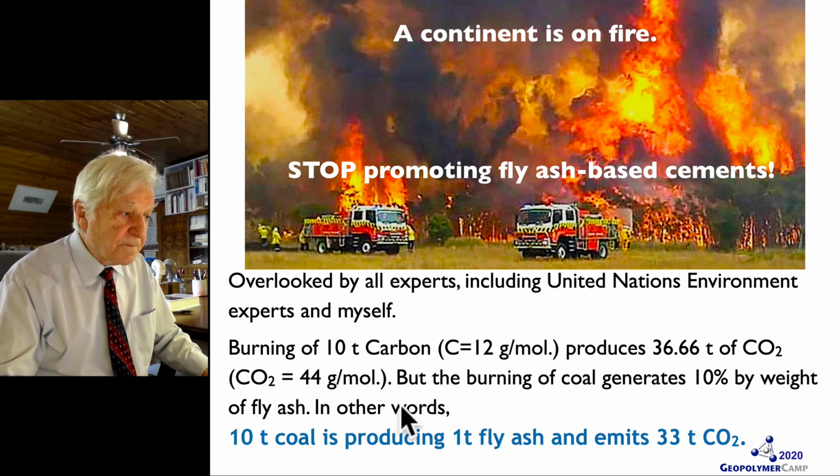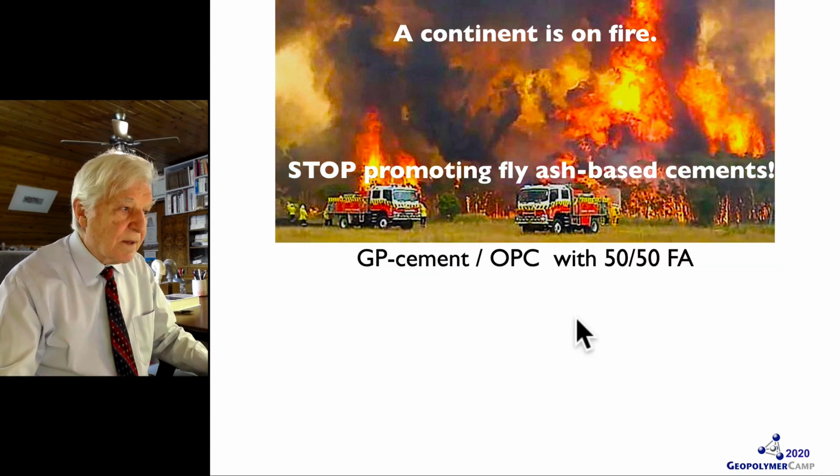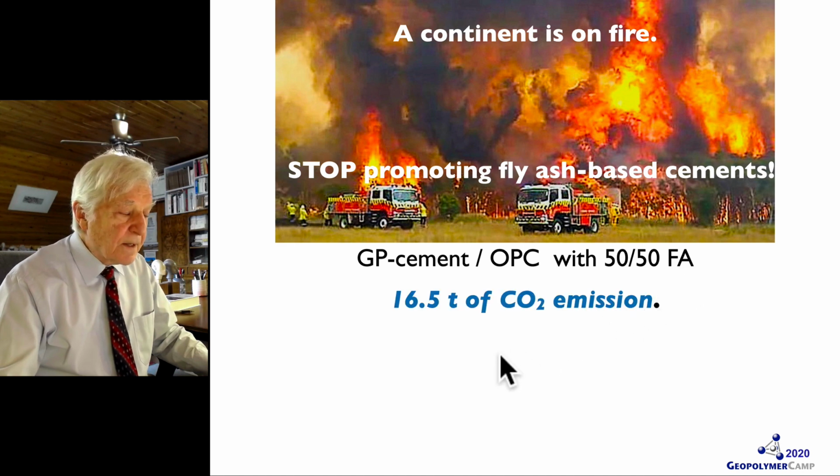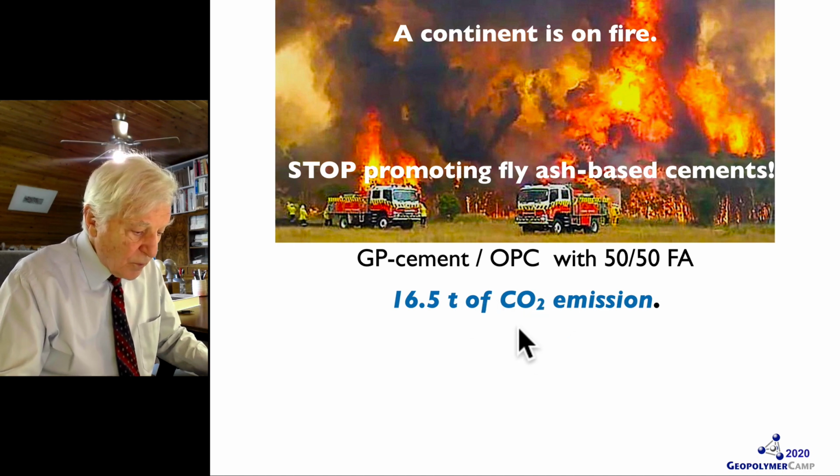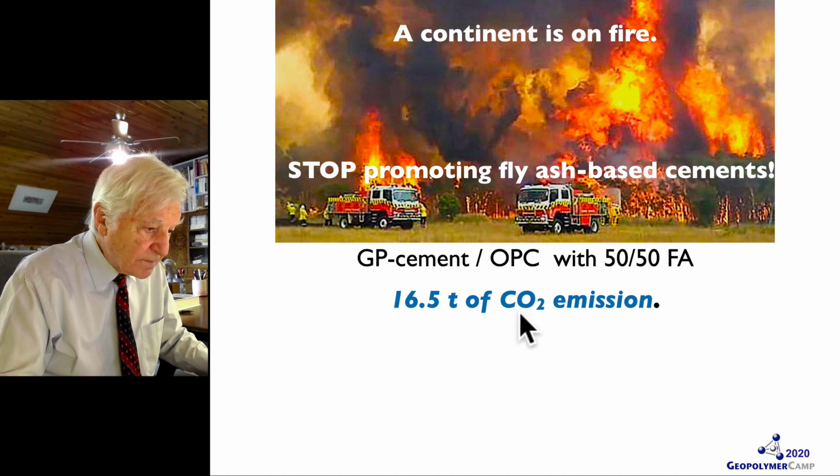In other words, 10 tons of coal is producing 1 ton of fly ash and emits 33 tons of CO2. If we take geopolymer cement or a Portland cement that is blended with 50% fly ash, then we have to add 16.5 tons of CO2 emission to what has been calculated.